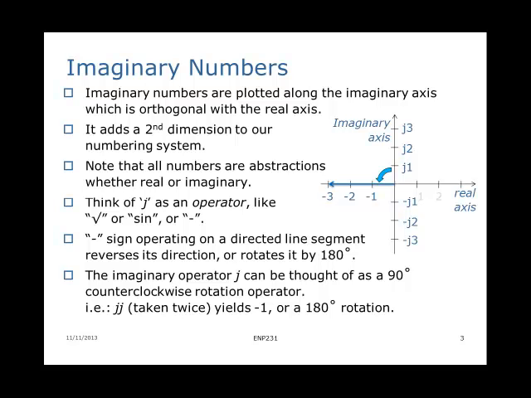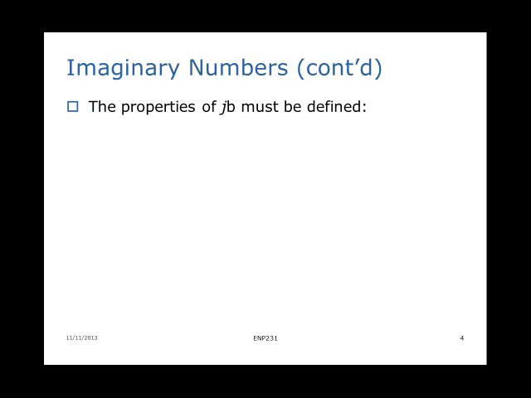So operating on plus 3 with J and then J again, or taking that operation twice, yields a minus 1, or is equivalent to a minus 1 operation, or 180-degree rotation. Some properties of JB.